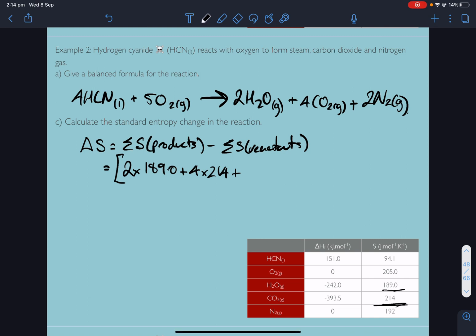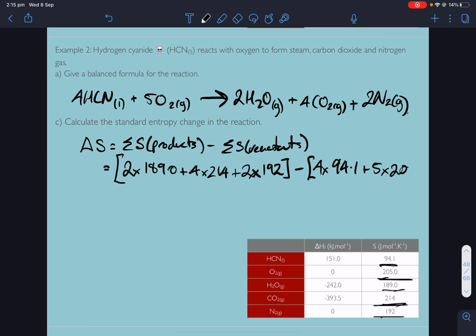Plus 2 times nitrogen. What was nitrogen here? 192. Okay, so there's my products minus my reactants: 4 times the hydrogen cyanide, 94.1, plus 5 times oxygen, which was 205.0. And that is joules per mole per Kelvin.